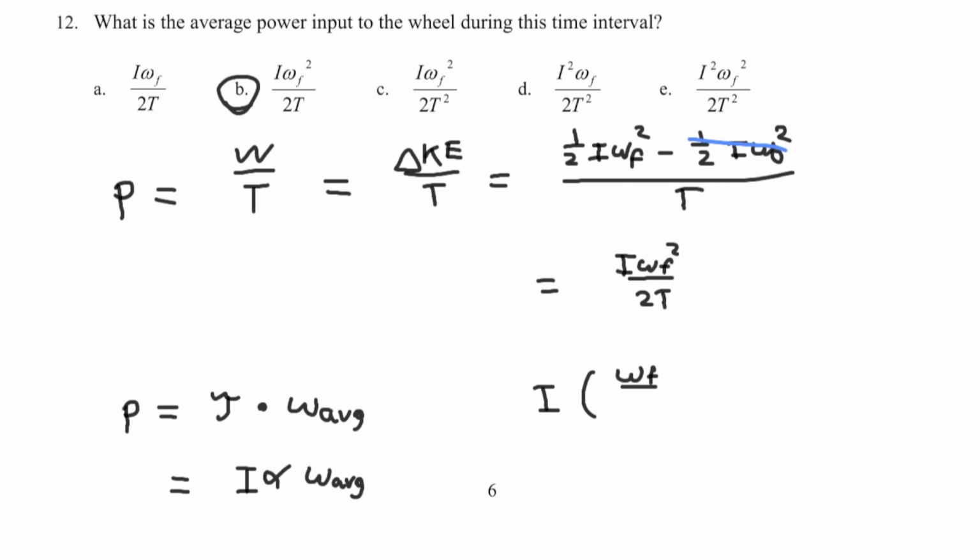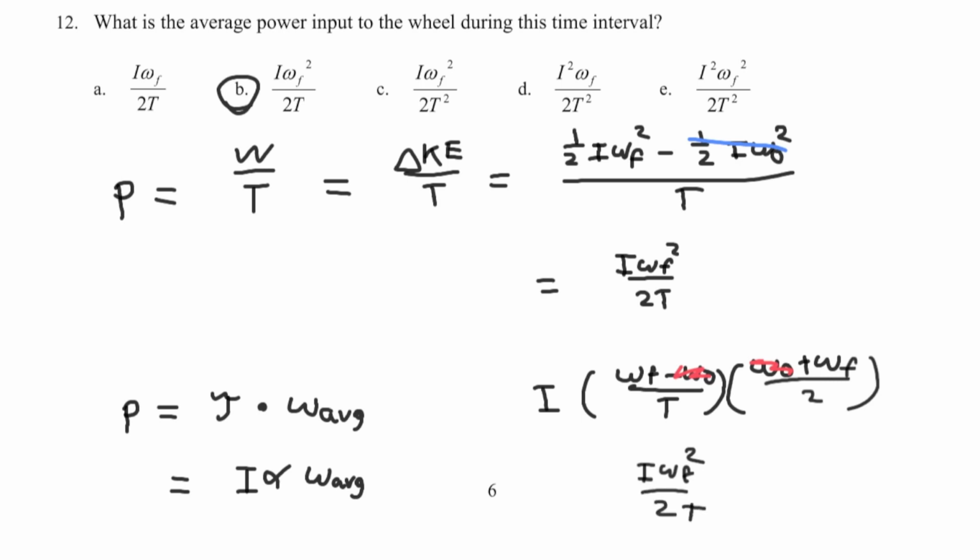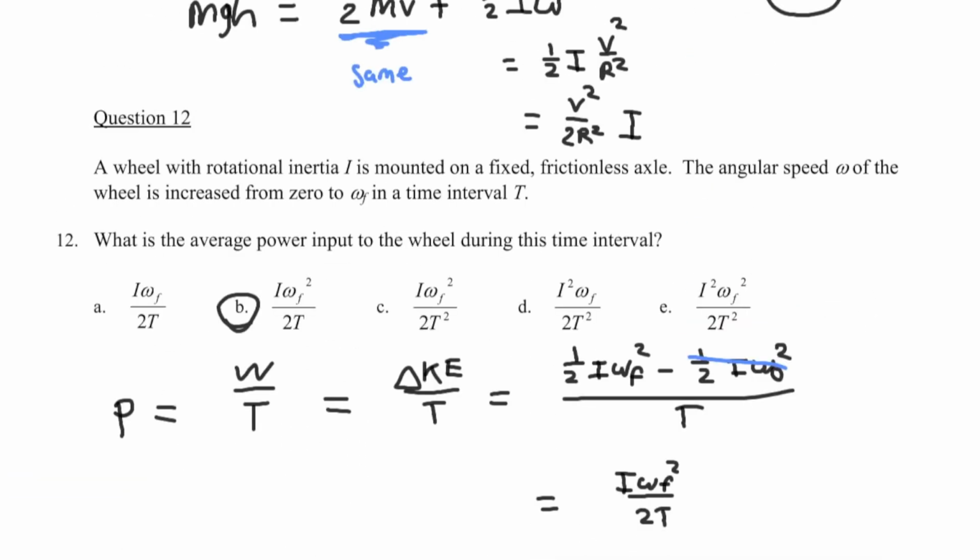And I'll write the full thing out. And average speed is just the average of the speeds. So I just add the two speeds and divide by 2. But given the fact that omega naught is 0, we are just going to get the same answer of I omega f squared over 2t. I do like the work energy theorem way better.